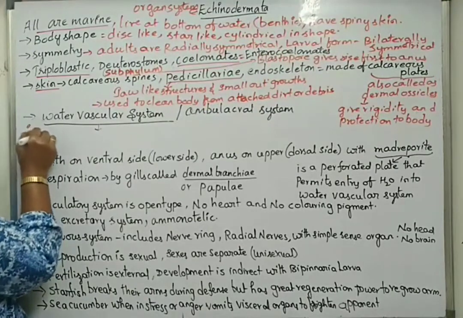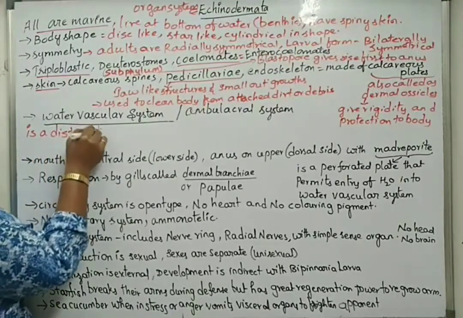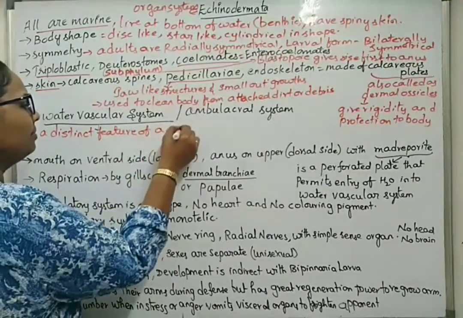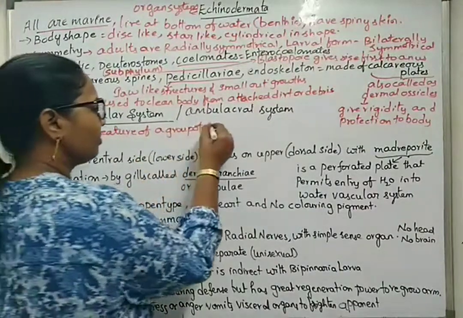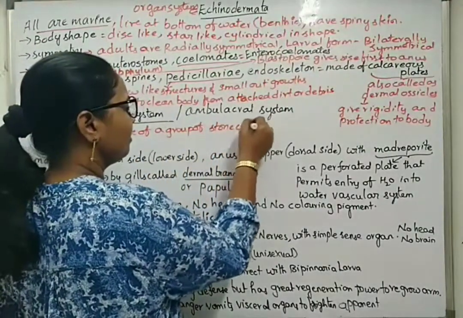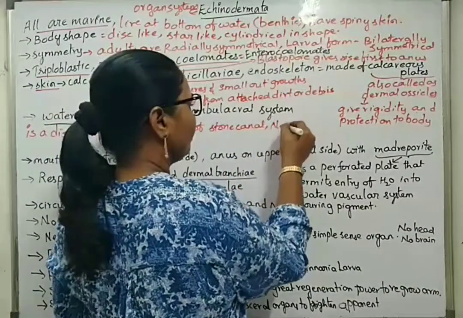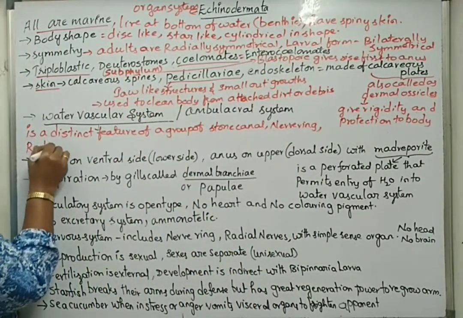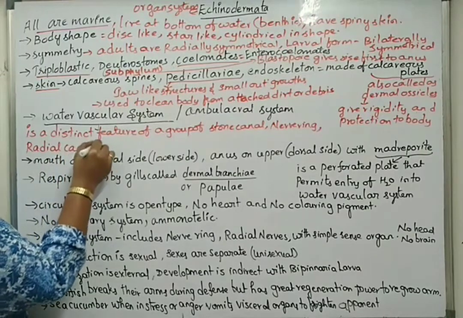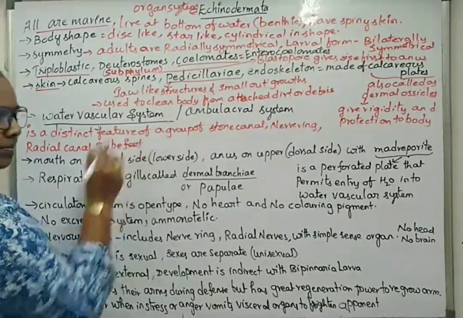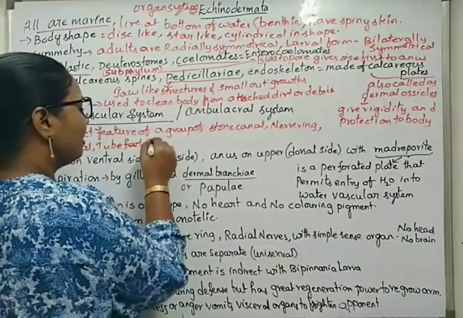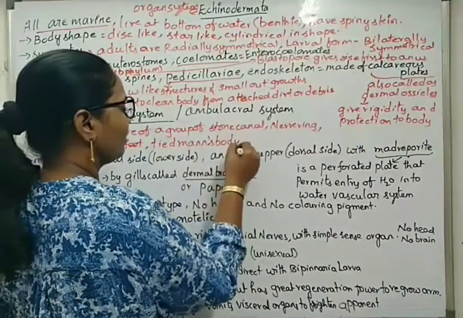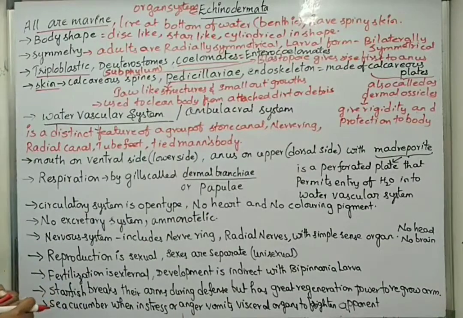The water vascular system is a distinct feature made up of a group of stone canal, nerve ring, radial canal, tube feet and Tiedemann's bodies.